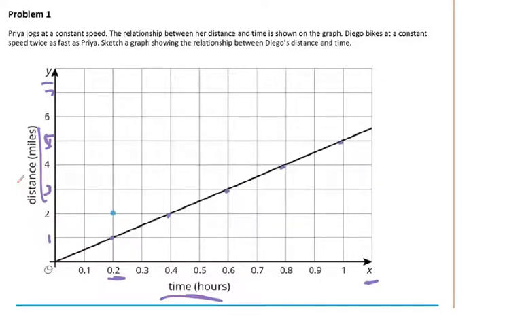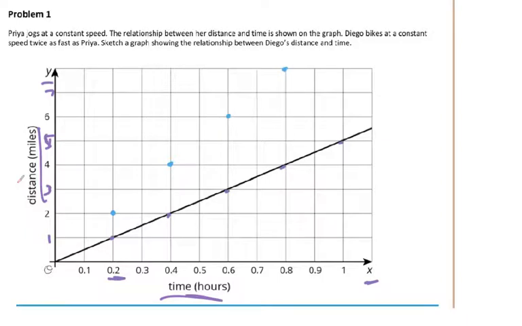Okay, that means at 0.4, Priya went 2, Diego would have gone 4. At 0.6, Priya went 3, so we need Diego to be at 6. And at 0.8, Priya went 4, so we need Diego to be at 8, way up here.